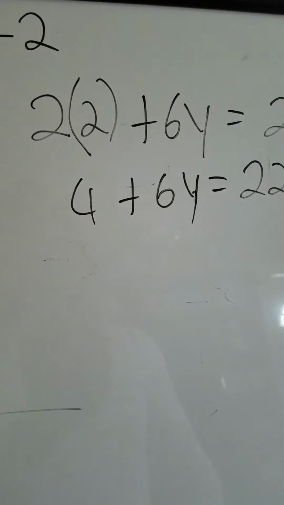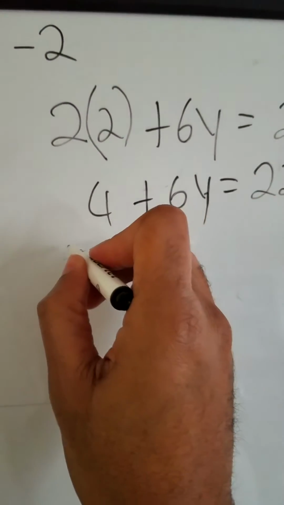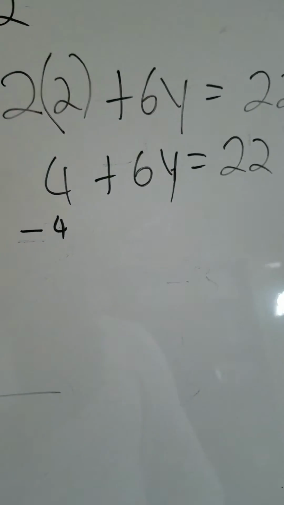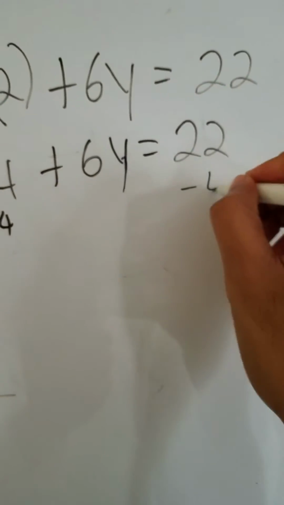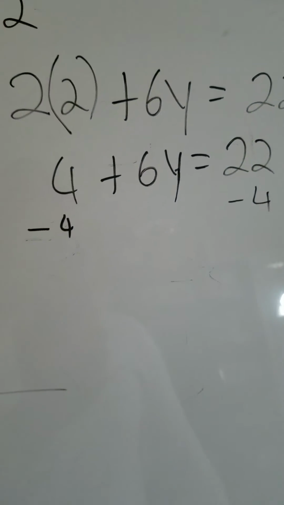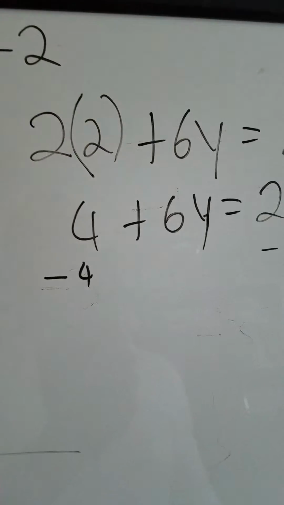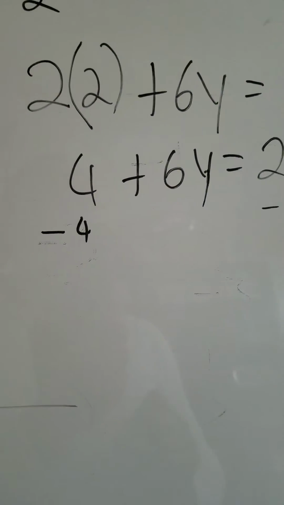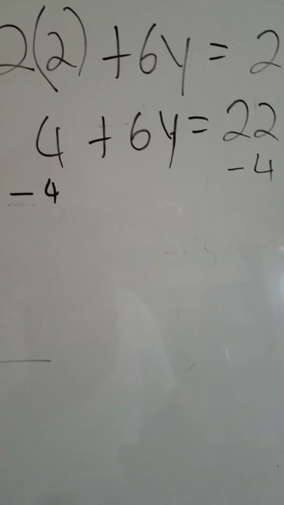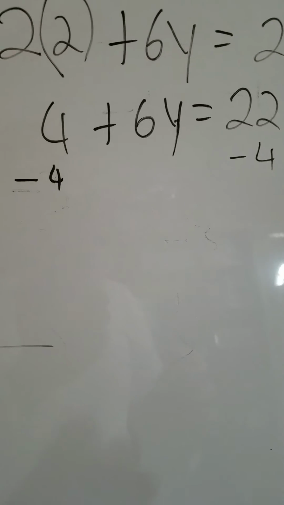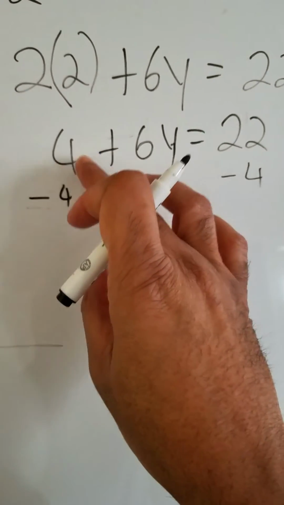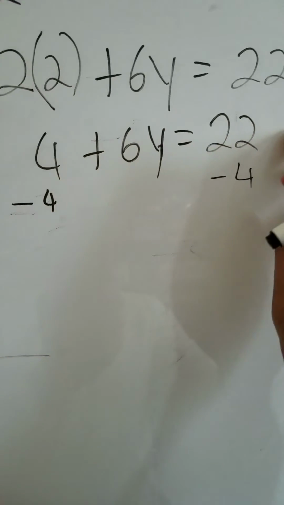To get the 6y by itself, I can subtract 4 from this side, which also means I have to subtract 4 from this side. Now some students get in the habit of saying, oh, we move the 4 over the equal sign and change the sign on it. Well, technically there is no mathematical logic that says we can move a 4 from one side of the equal sign to another side.